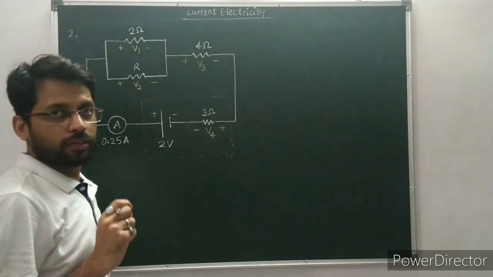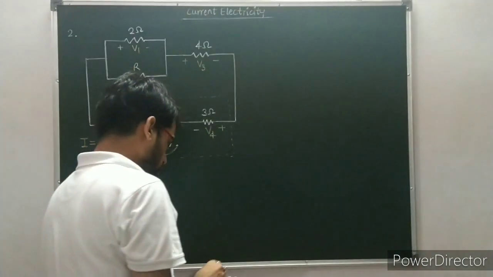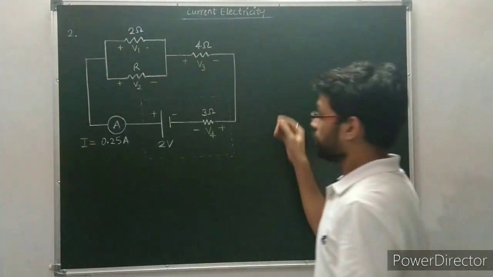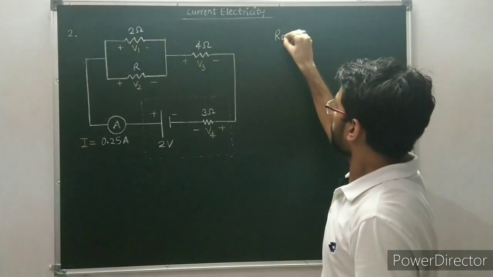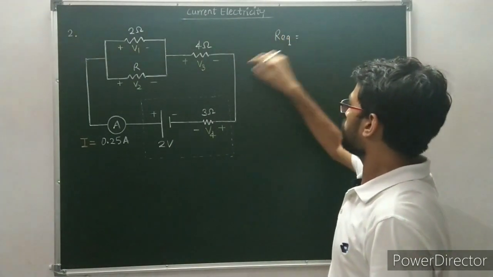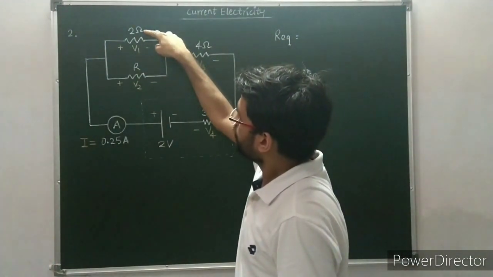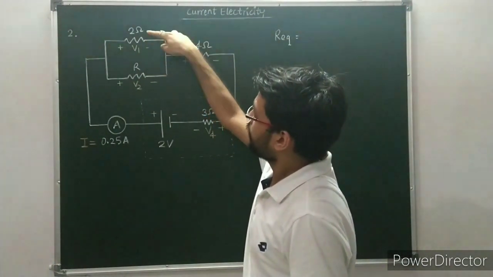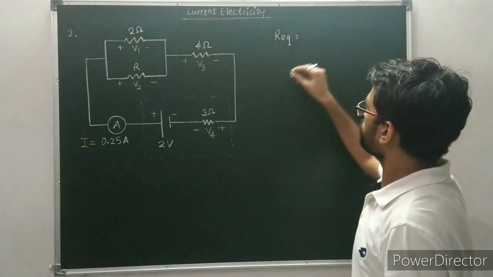Now execute step 1. First find the equivalent resistance of the circuit. Here the two resistors are connected in parallel, so find the parallel combination of these two.